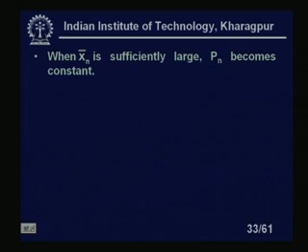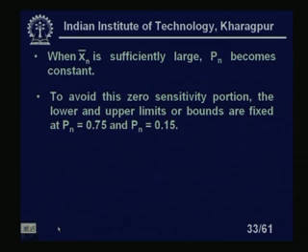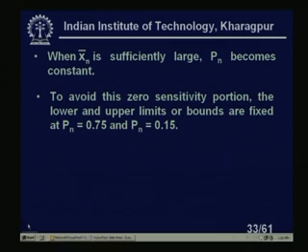When xn bar is sufficiently large, Pn becomes constant. That we have seen. How does it look? If I take a blank page, the slope will look like this. When xn bar is far away, you will find that the pressure is becoming constant.